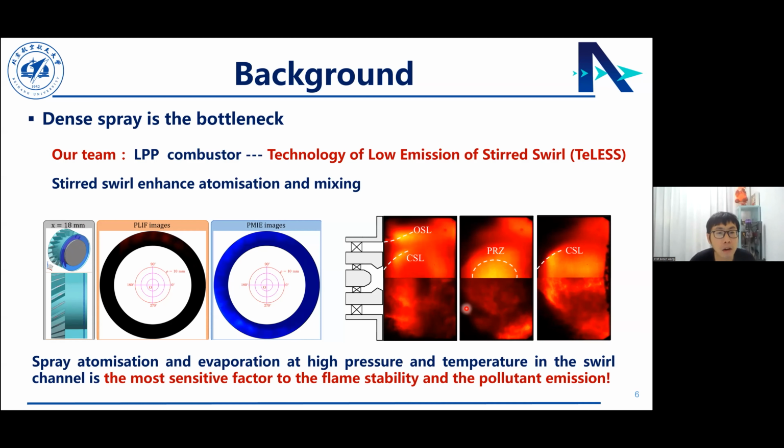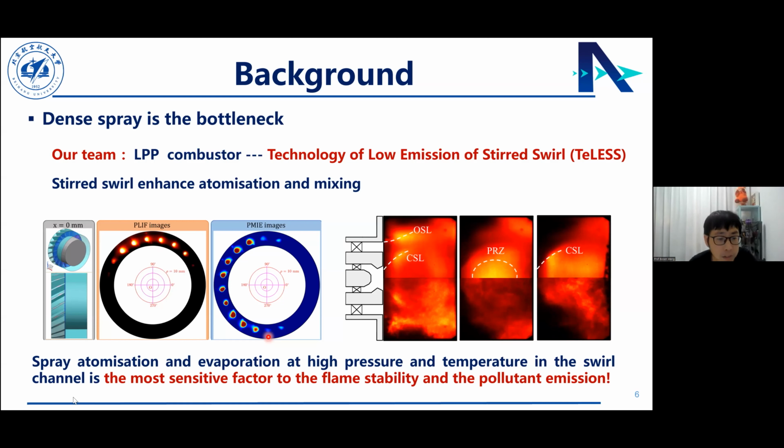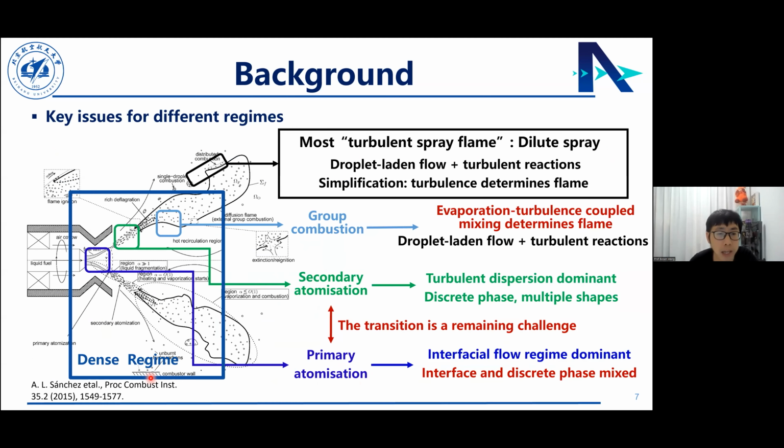Now, let's talk about the key issues for different regimes. Here, this is a very classical picture from scientists and co-workers in a 2015 PCI paper. It is a very well clarified graphic about spray atomization to combustion.